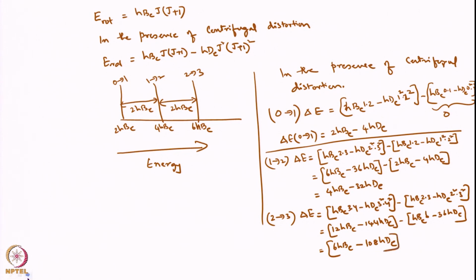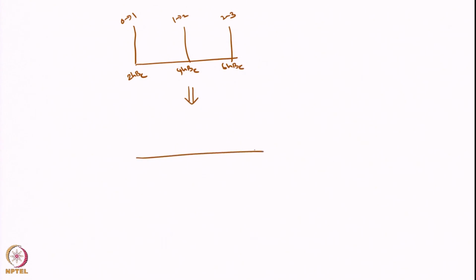Now, if we start plotting the spectrum, earlier what we had? 0 to 1, 1 to 2, 2 to 3. So, this was 2 h B_e, 4 h B_e, 6 h B_e. Now, it will transform to 2 h B_e minus 4 h D_e for 0 to 1. The second one, 1 to 2, will be 4 h B_e minus 32 h D_e.